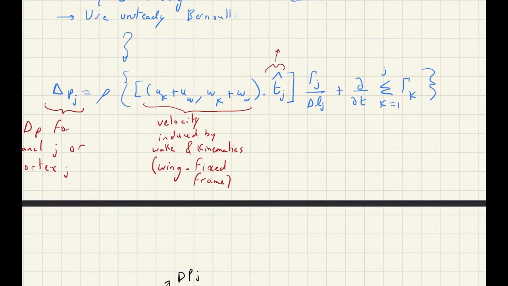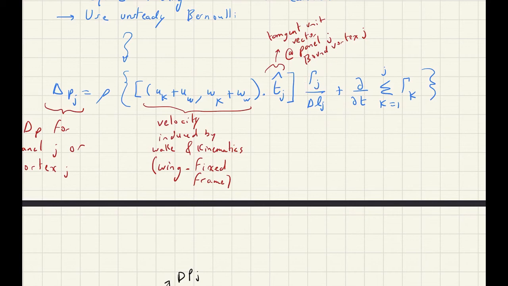This is the tangent unit vector at each panel, or vortex, or bound vortex J. Again, this is the strength of that vortex, right?